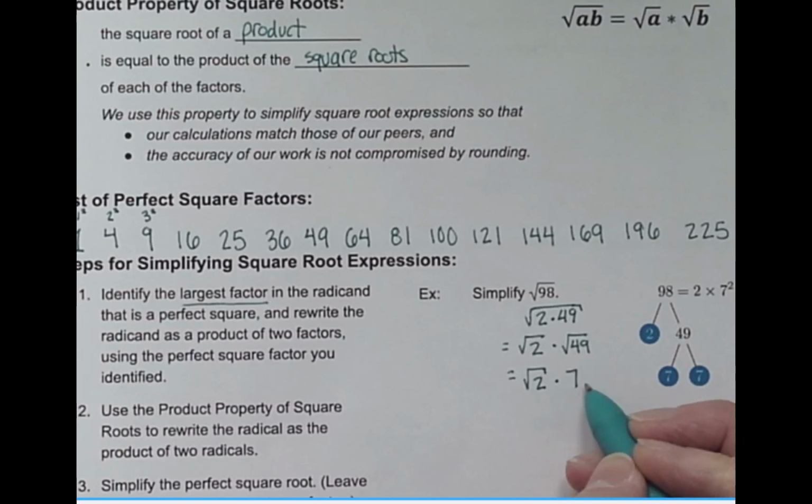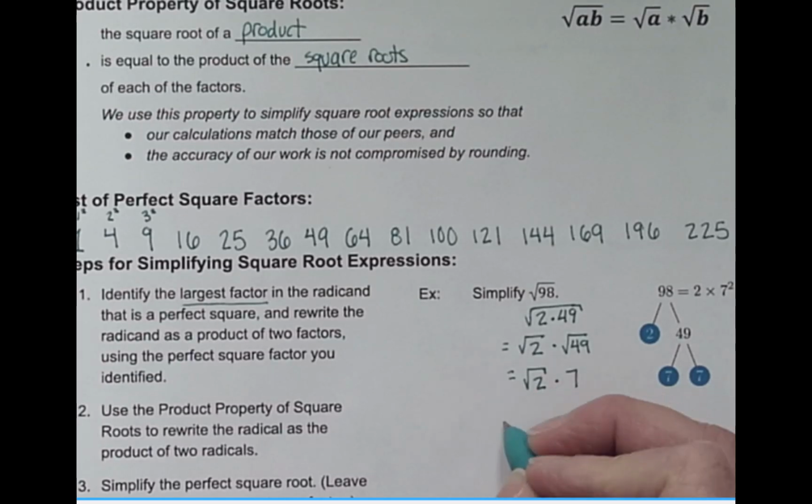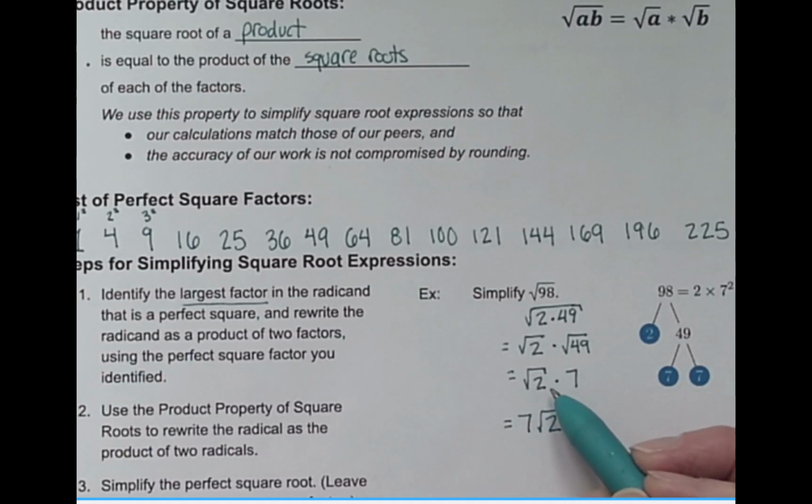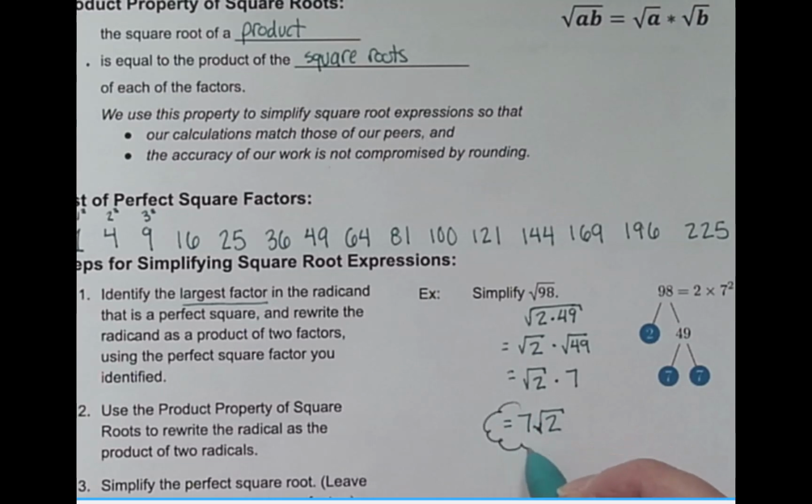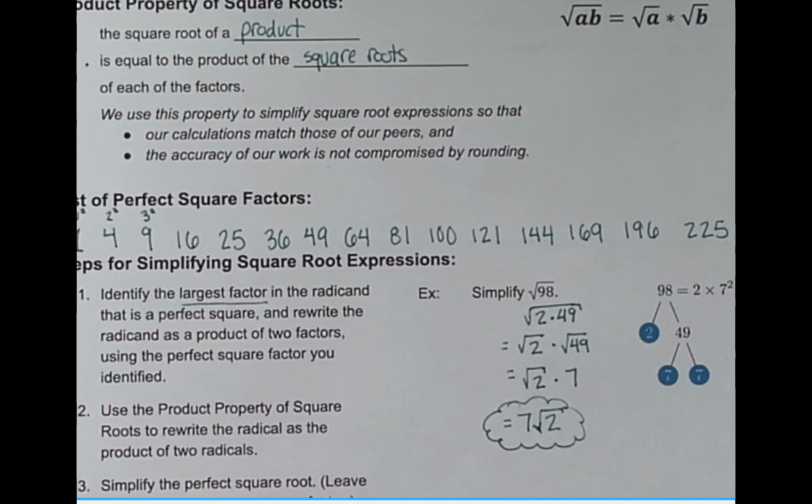They're going to take the number that's not under a radical and bring it out front. The radical comes second. That way we're never unsure of whether that 7 is under the radical or not, just from sloppy writing. The 7's out front, and then the square root of 2 is still in the radical. And I can't simplify that any further, because 2 doesn't have any perfect square factors that I can continue to bring out. So that's completely simplified.